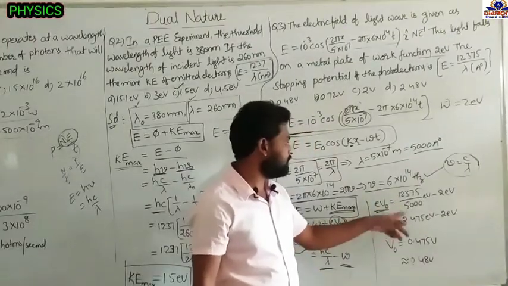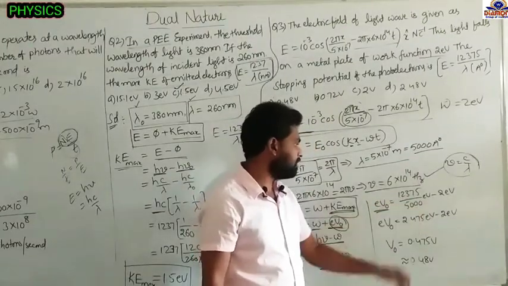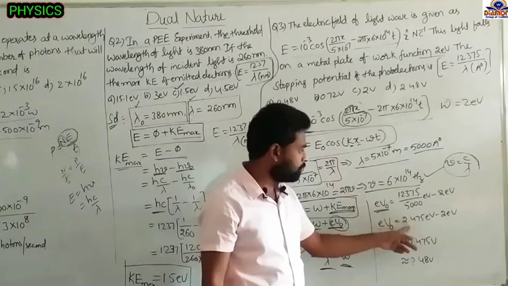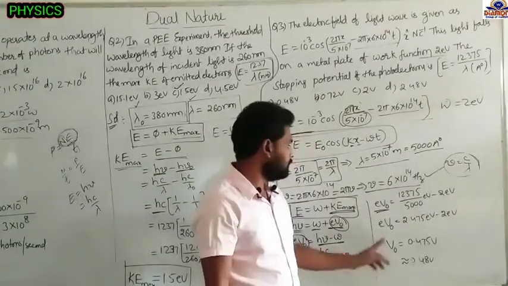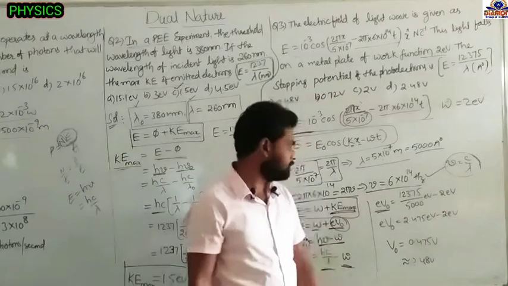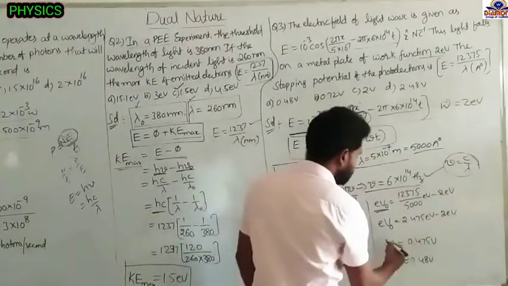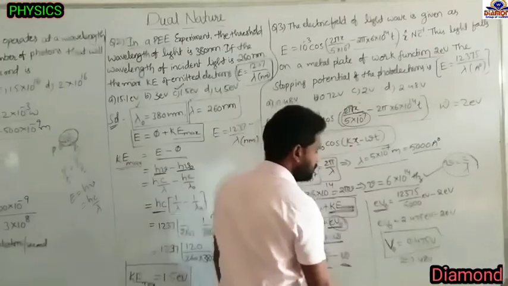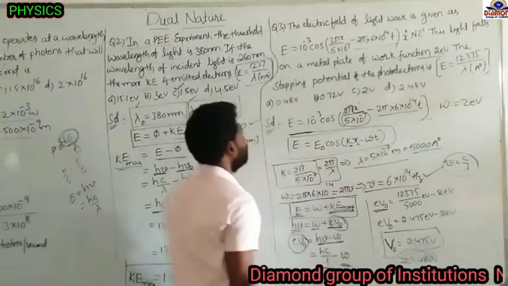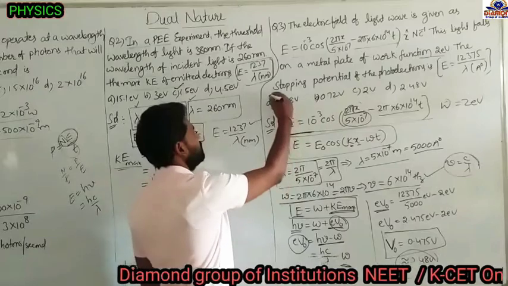Simplify this one, 12,375 by 5000 will get almost 2.475 electrovolt minus 2 electrovolt, either E will be cancelled, so stopping potential V naught equal to, we will get 0.475 volt, this is almost equal to 0.48 volts, so A option is the right answer.